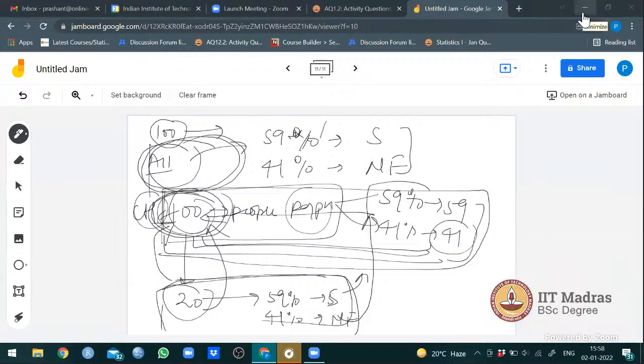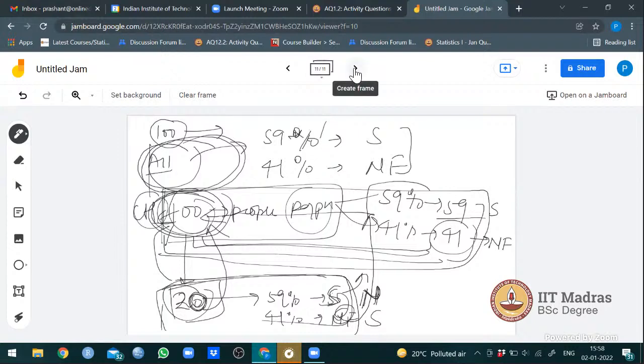No, actually, can you repeat? Here, in 100 Chennai people, 59% say that COVID is a severe disease, and 41% say it is normal. And if we take 20 of them, and from that 20, if 59% of the people say that it is normal, and 41% say that it is severe, in that case inferential statistics will be wrong, no?